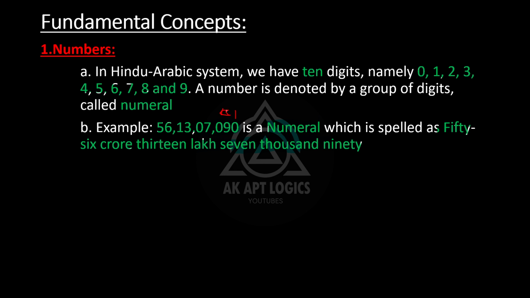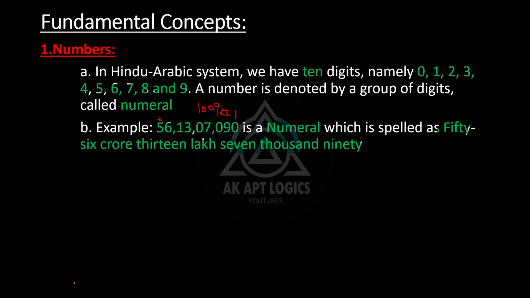For the other 0, the place value will be 1000, and so on. For 5 the place value will be 10 crores. So based on those place values, we spell that big number which is made up of a group of digits.